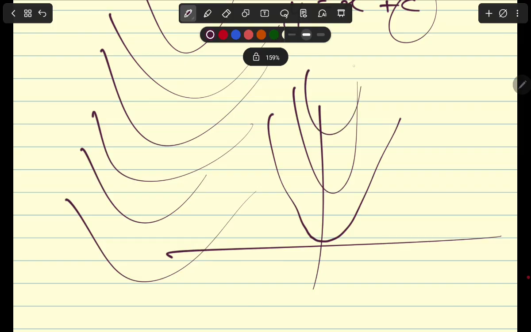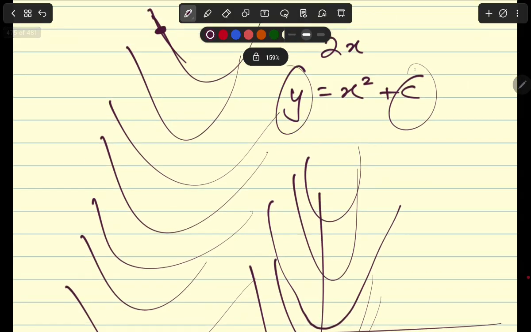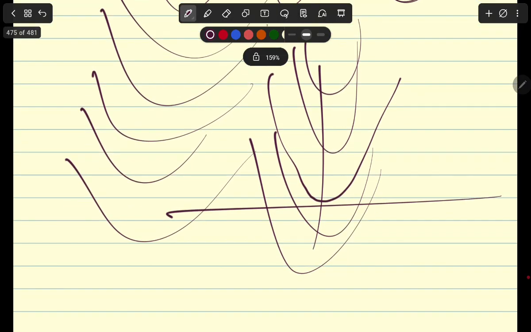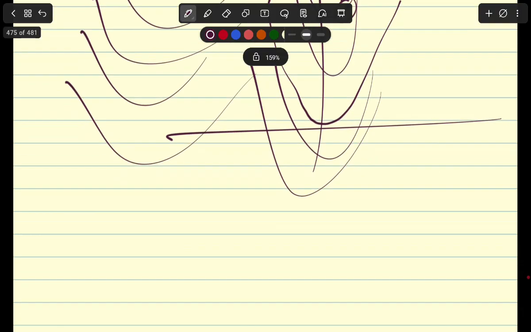It could pass here or here or here or here. So unless we get a y coordinate and an x coordinate, for example, if we get a coordinate here, then we are going to have a constant of integration here, okay? So therefore, we must write plus c because every constant is possible.